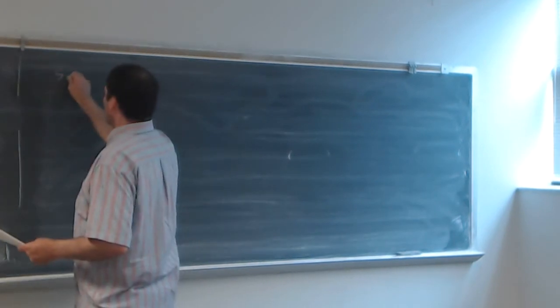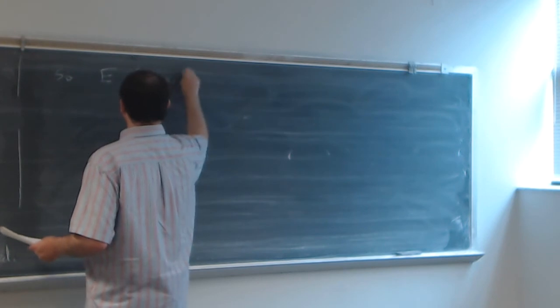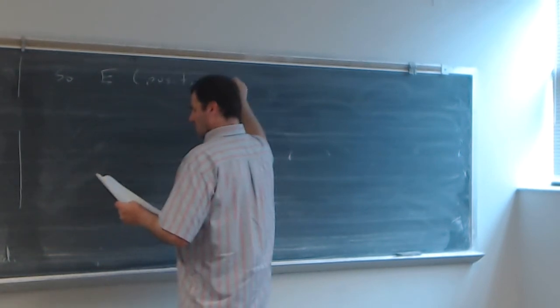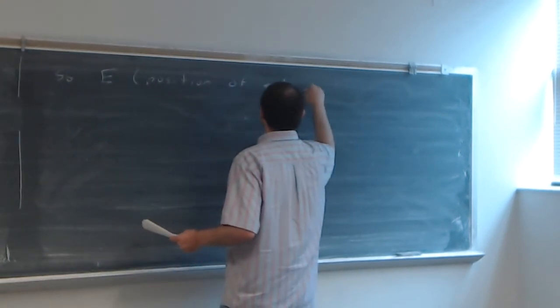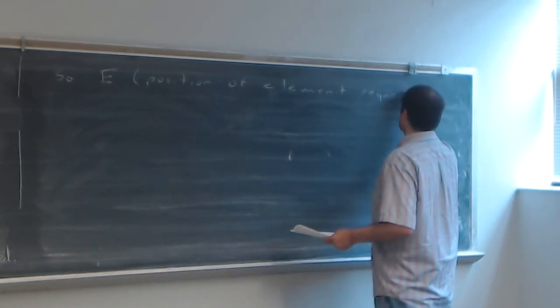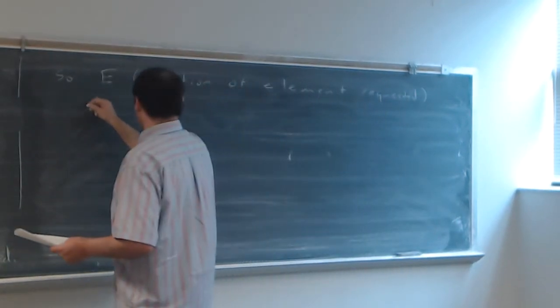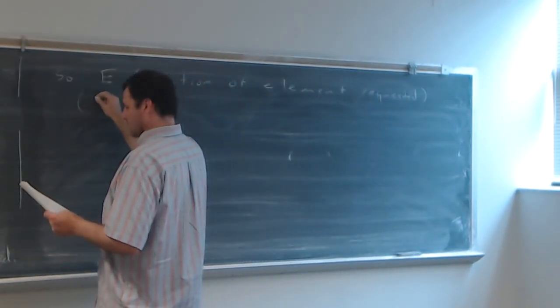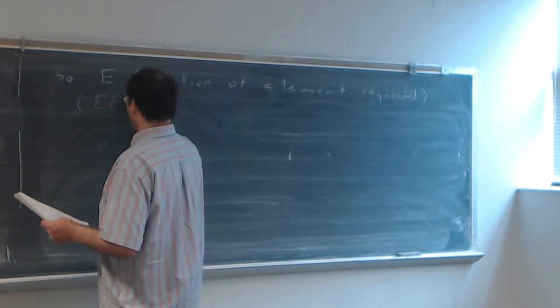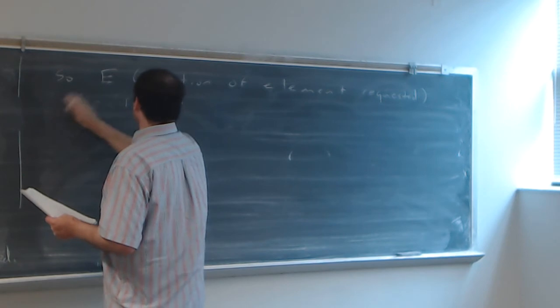Okay, so here's what we have. The expected value of the position of element requested. Now, just as a parenthetical expression, let us remember that the expected value of, well, I'll just write it out.